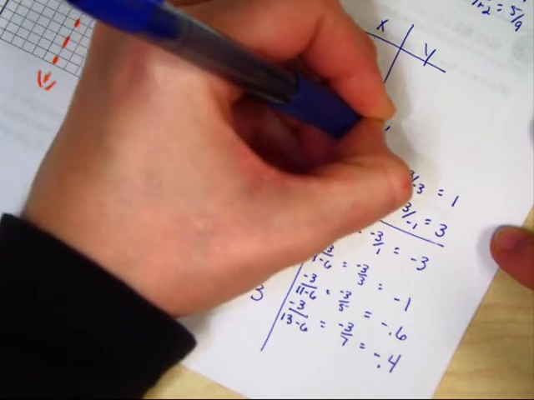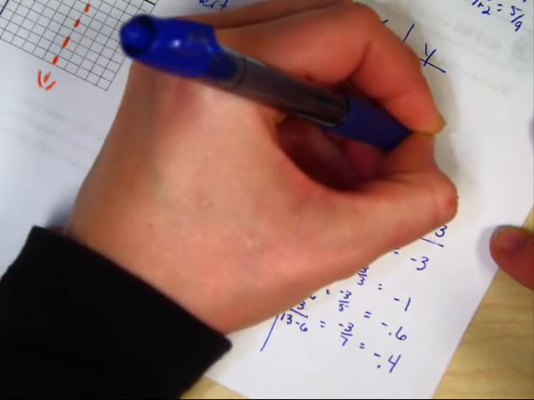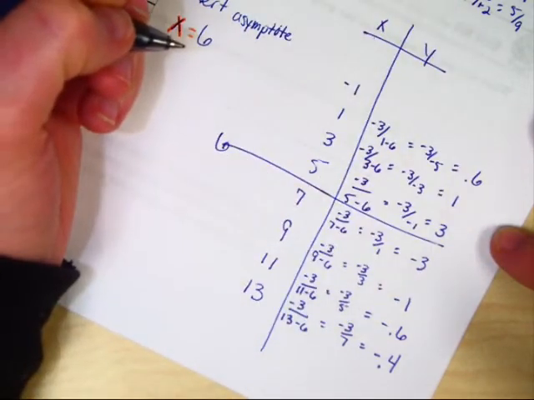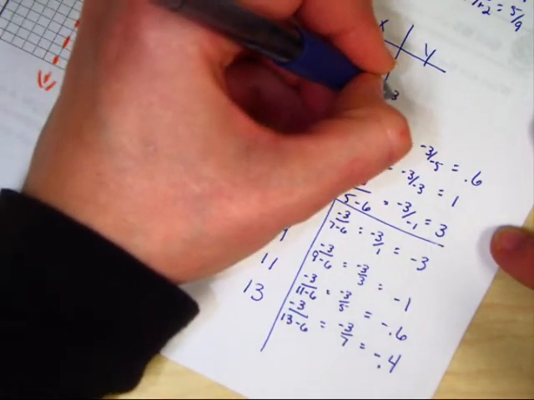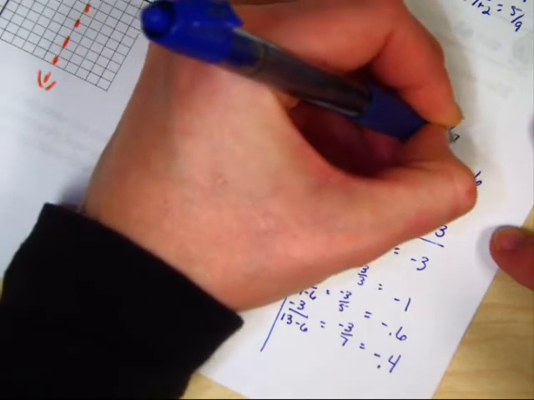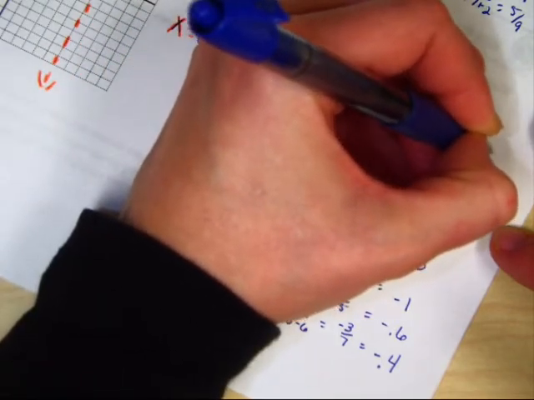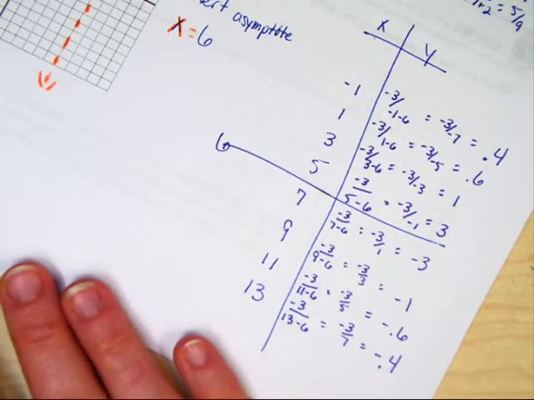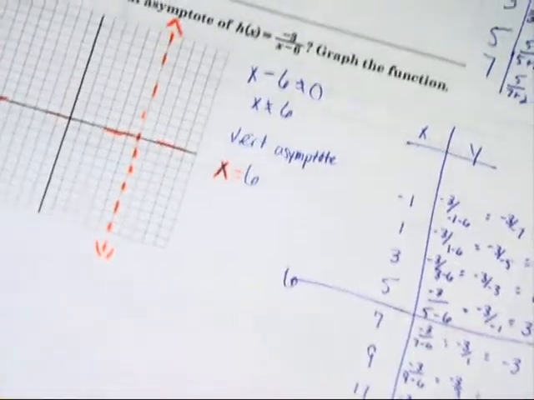Negative 3 over 1 minus 6 is negative 3 over negative 5, which is positive 0.6. And negative 3 over negative 1 minus 6 is negative 3 over negative 7, which is a positive 0.4. Let's plot these points and see how nice the inverse function looks.